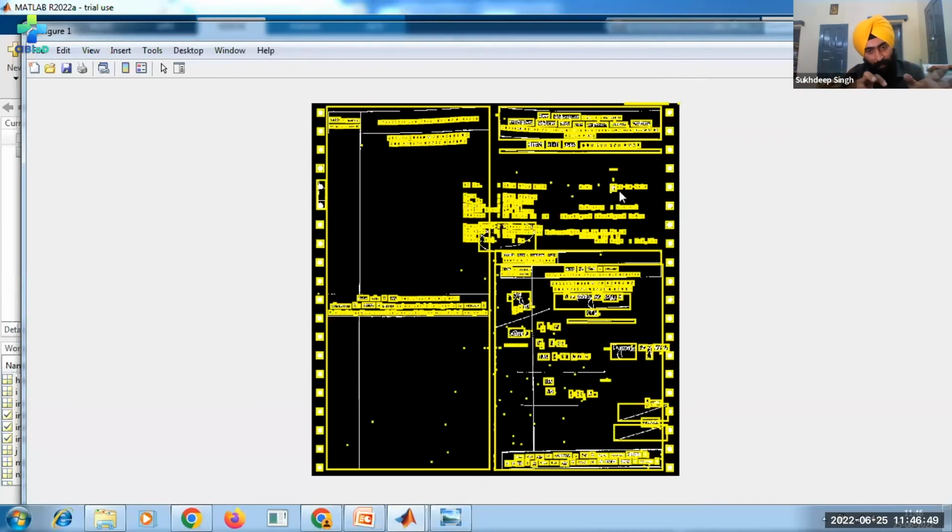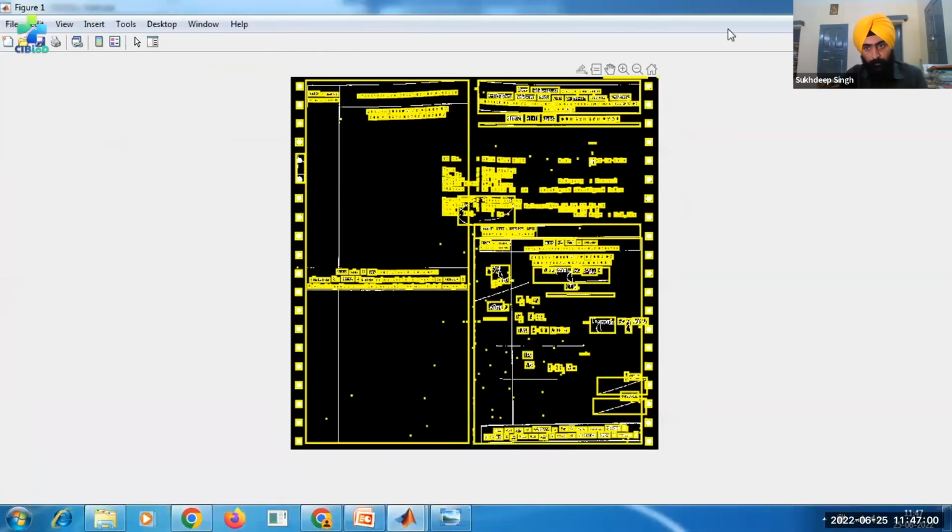Once that data is identified, it is further segmented into words and characters. Let me zoom in.